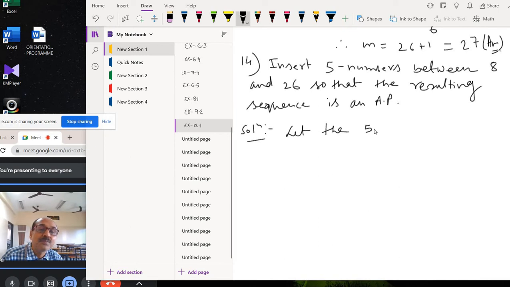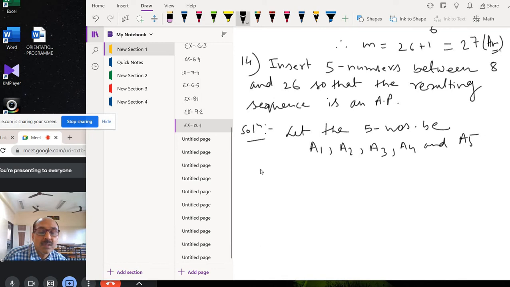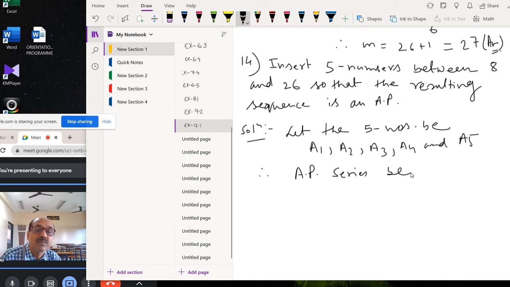Therefore, the AP series will be 8, A1, A2, A3, A4, A5, then 26.